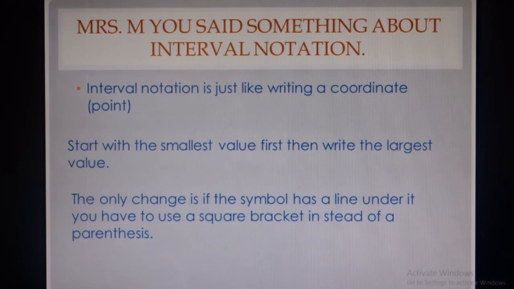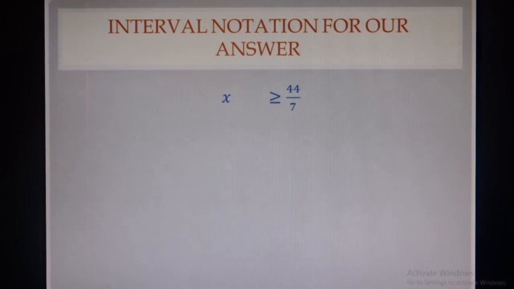So for our answer, it says x's are greater than 44 sevenths. So we're going to start with 44 sevenths because that's our smaller number, and everything bigger than that is in our answer. So the answers just keep going and going and going.